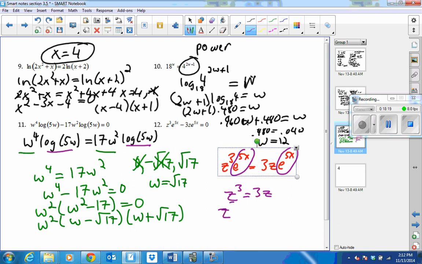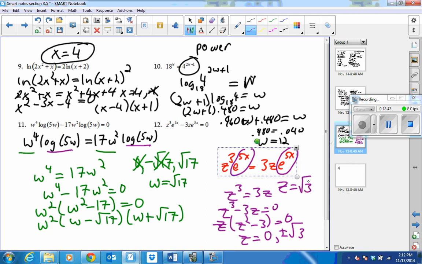So z cubed minus 3z equals 0. So z times z squared minus 3 equals 0. So z is going to be 0 or plus or minus square root of 3. 0 won't work, negative square root of 3 won't work, so z is only the square root of 3. And that's it.